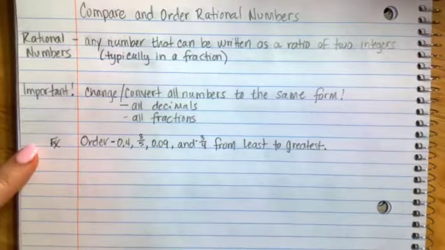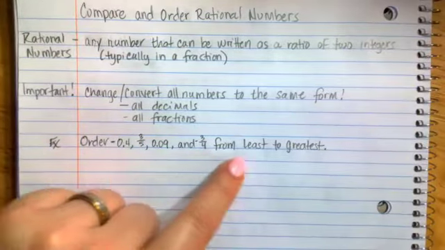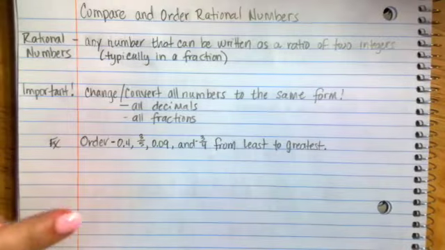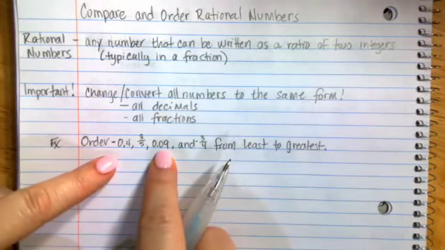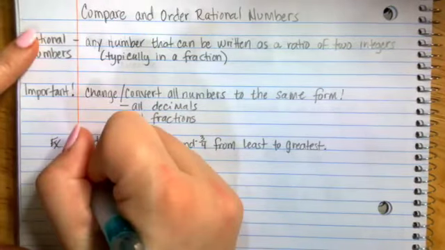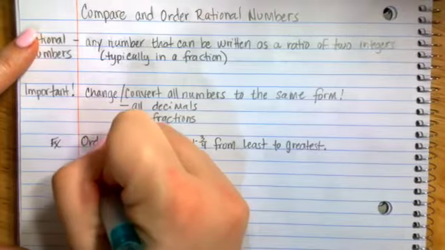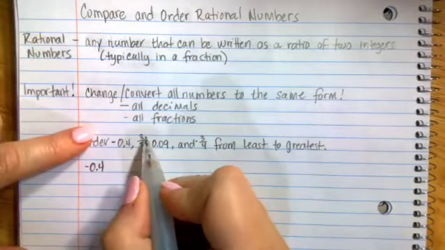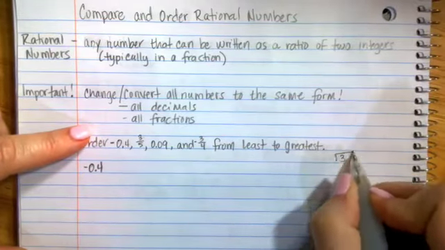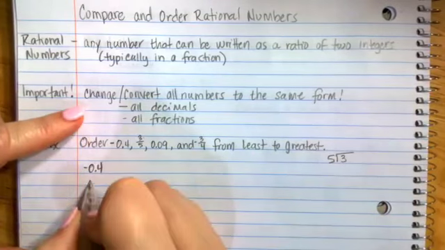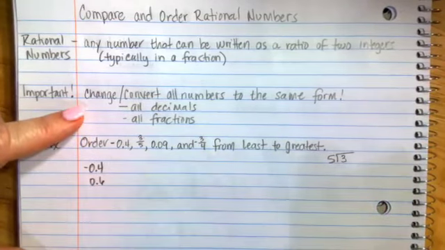So for example, we need to order these numbers from least to greatest. First, I'm going to convert them all to decimals. Some of them are already written as decimals. So I have negative 0.4, 3/5, which is 3 divided by 5, and when you work that out, you get 0.6.